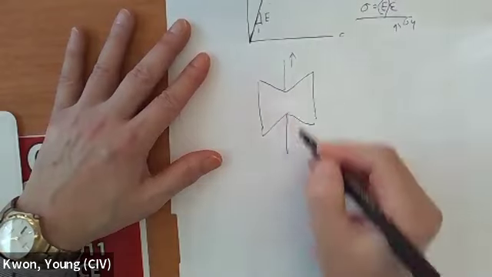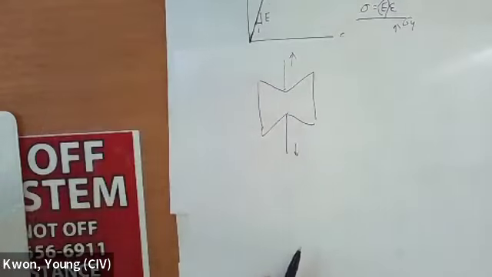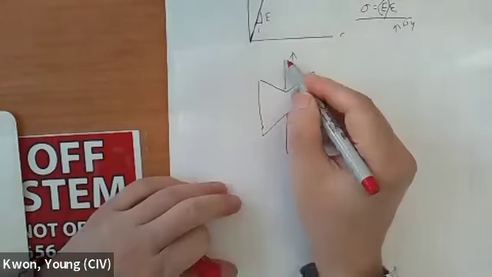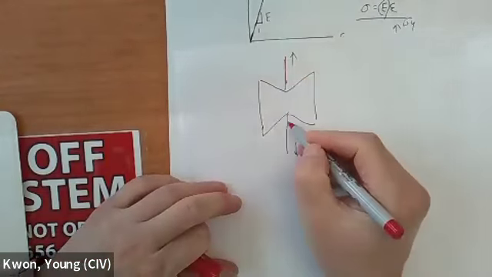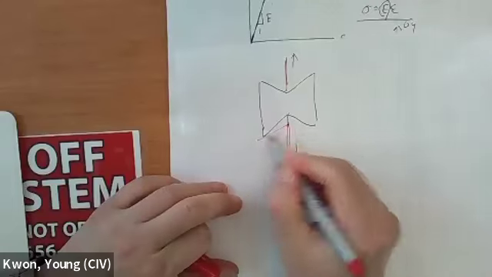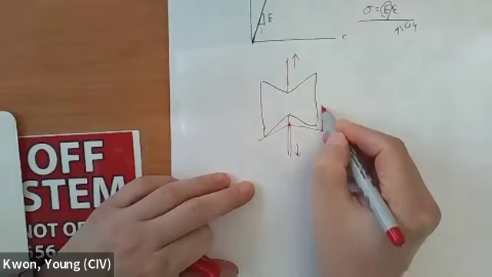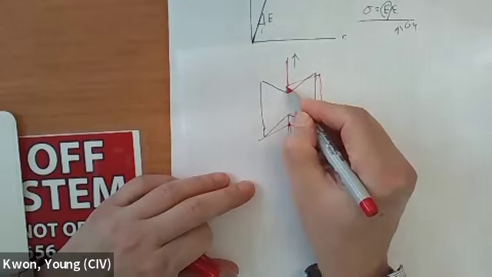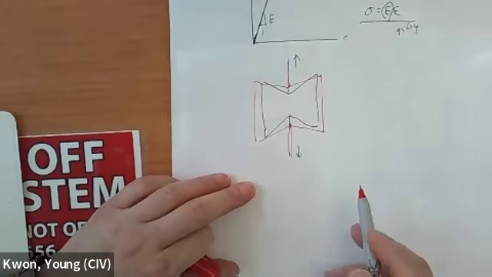If you pull this one, what do you expect? If you pull this way, then this is going to expand. Correct? Right? Because of the nature of the geometry, this is going to expand.